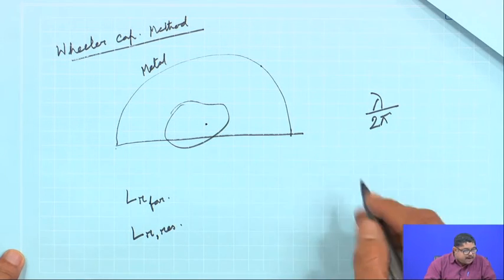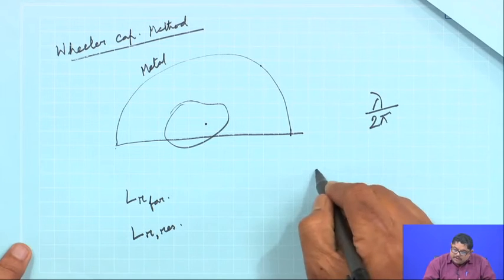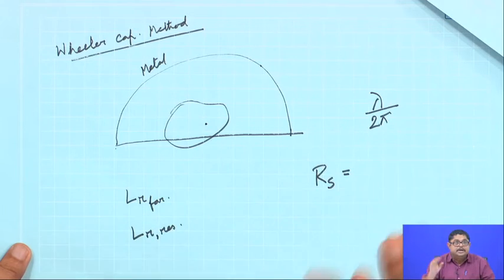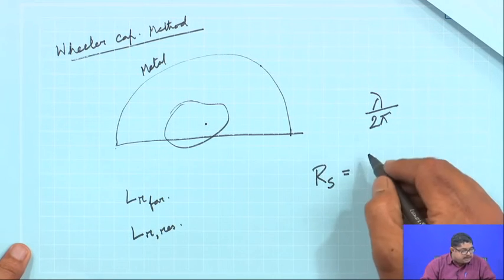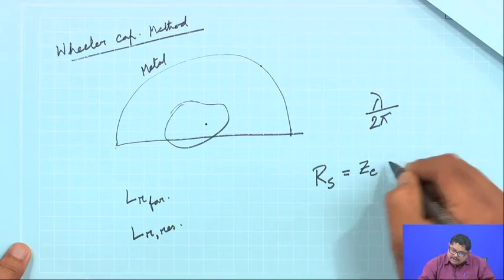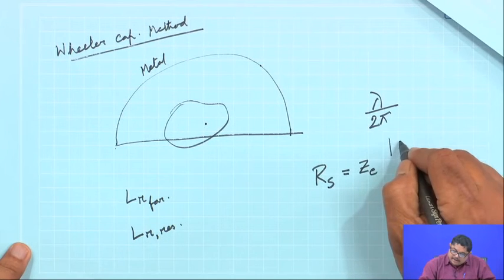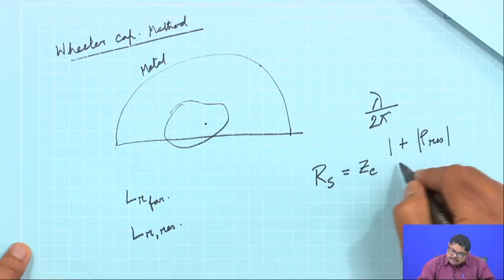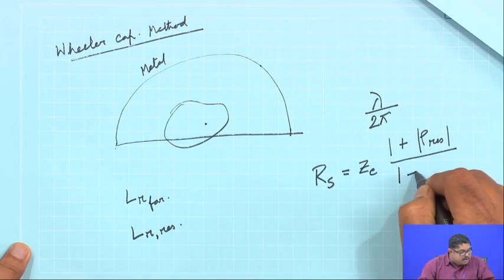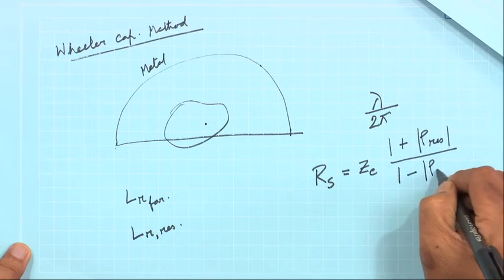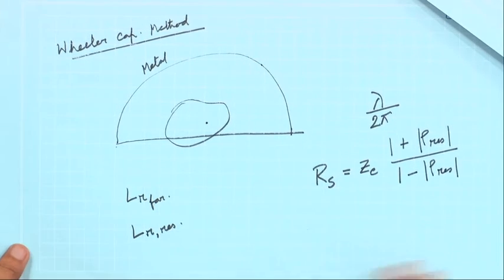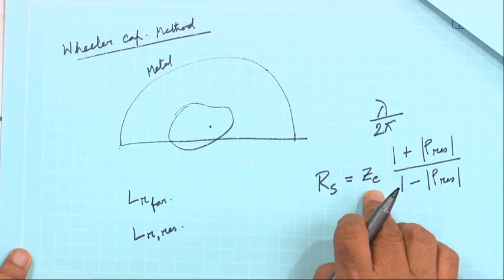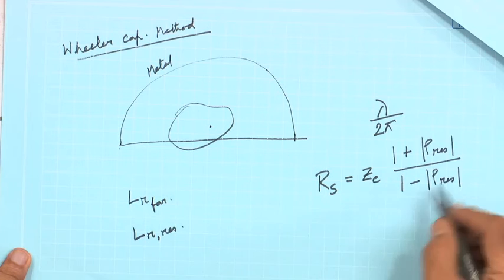So, we can always write RS, which was shown in the circuit, that means the total resistive part of the input impedance, as ZC times (1 plus rho RS) by (1 minus rho RS), where ZC is the characteristic impedance of the feed line, the feeding structure's transmission line.